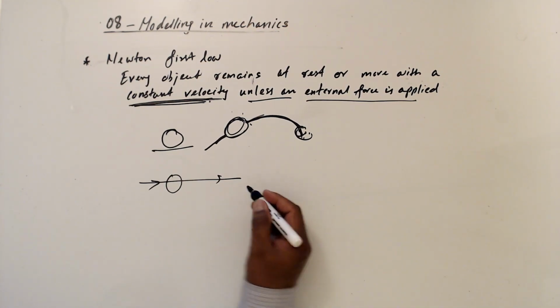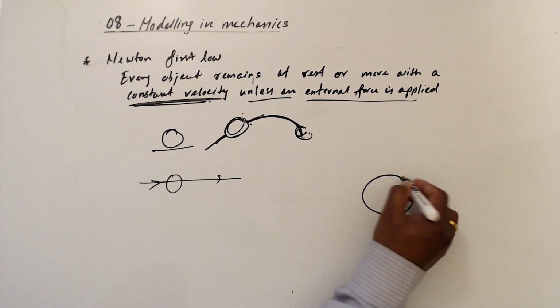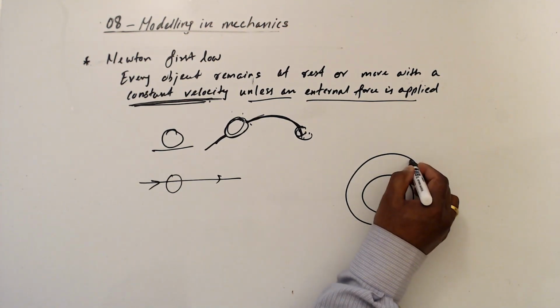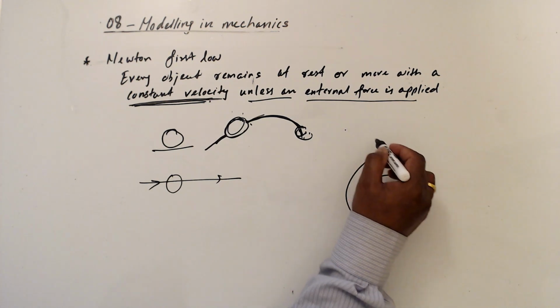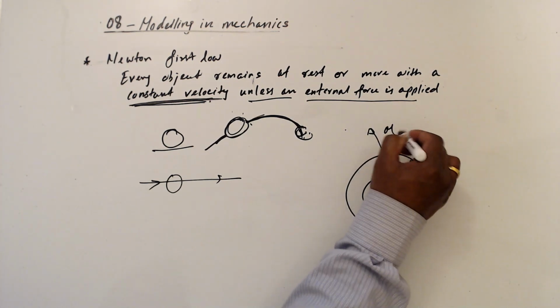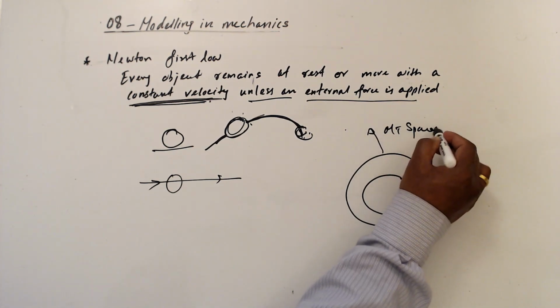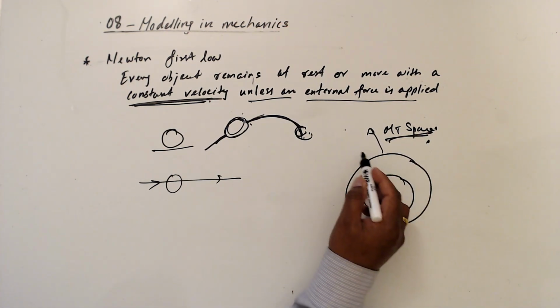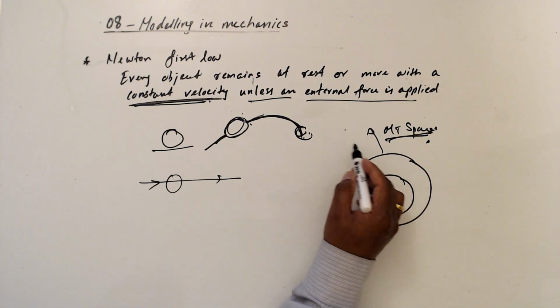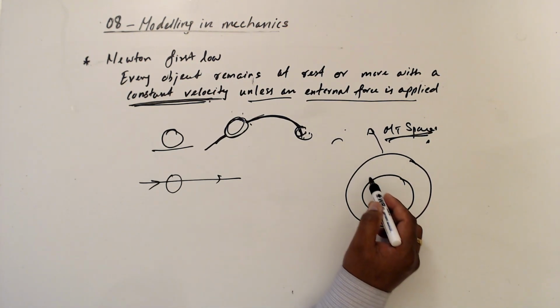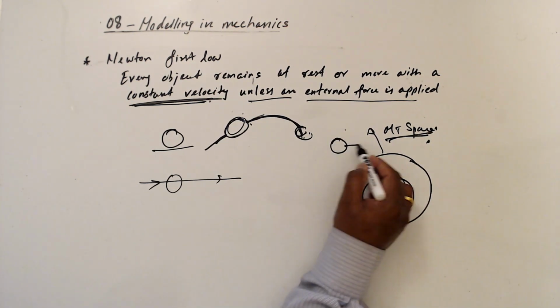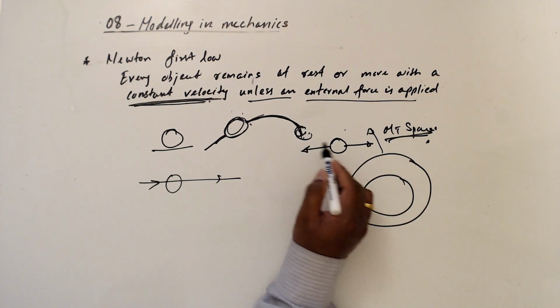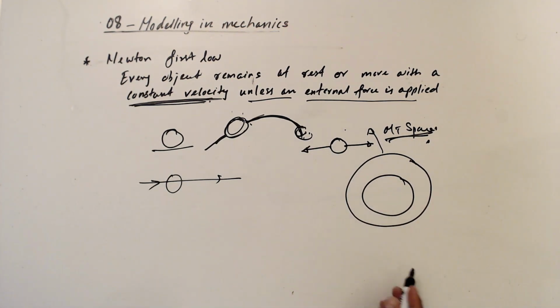But if you consider the earth and the ozone layer, above the ozone layer is empty space. So in empty space, any particle is floating around with the same velocity.